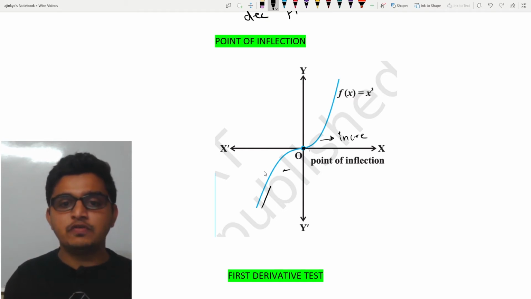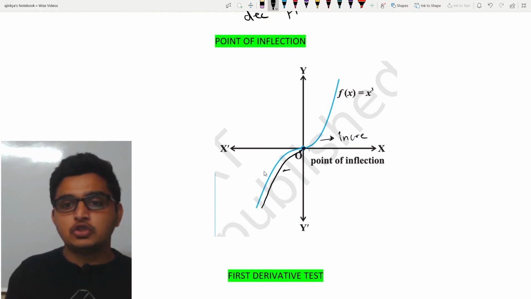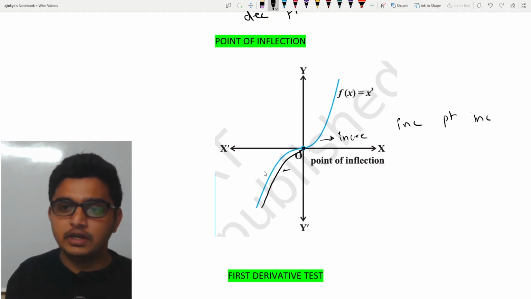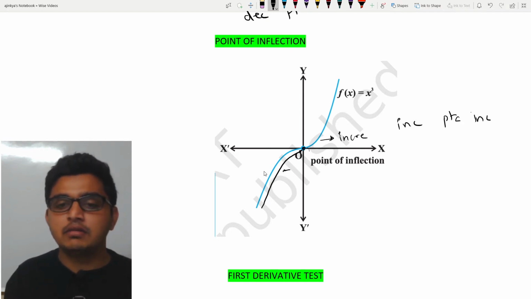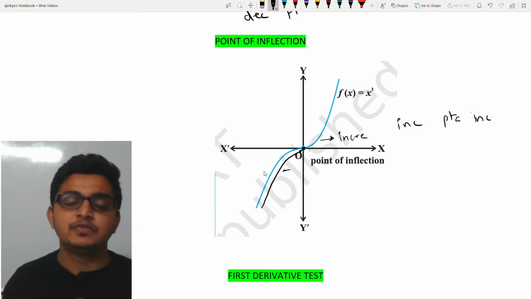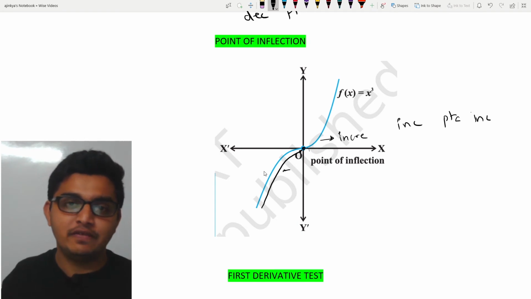So if you see the height, it is directly increasing. So when you have a point C, and on the left side you have increasing, and on the right side also you have increasing, then we cannot tell the nature of the graph. So at point O or point C, we have an exact point of inflection. In the next part, we are going to see what the first derivative test is.